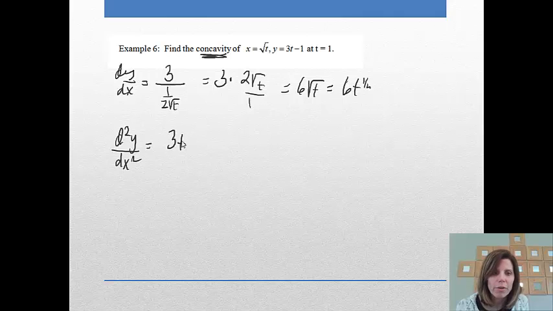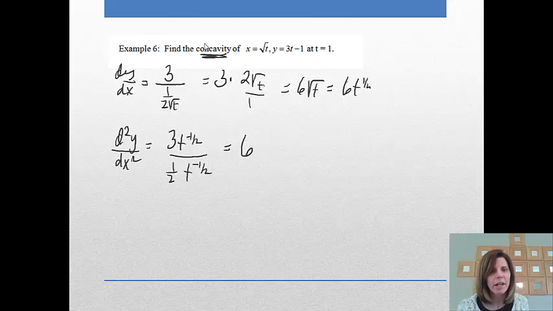I'll get 3t to the negative 1/2, and then divided by the derivative of the x value, which was 1/2 t to the negative 1/2. And so from here, I'm going to do this the shorter way this time. 3 divided by 1/2 will be 6. And then here we can subtract the exponents since my bases are the same. So negative 1/2 plus 1/2 would actually give me t to the 0, which is just 1. So my second derivative is just 6.